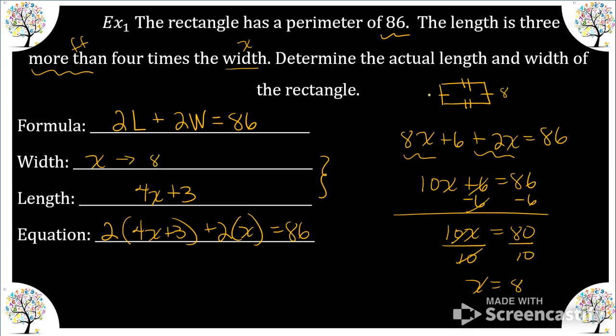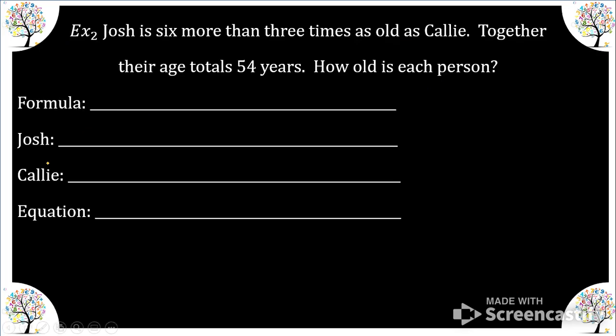So we can say this is 8 and this is 8. And then the length is 4 times 8 plus 3. So we are evaluating. 4 times 8 is 32 plus 3 equals 35. And if we were to add these 4 sides together, we would get the 86 for the perimeter.